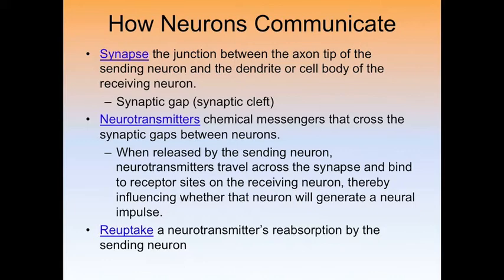And then you guys know how it takes the impulse down the dendrites into the cell body, and it decides whether it's going to make that individual neuron fire. Another term that goes into this is called reuptake, and this is a neurotransmitter's reabsorption by the sending neuron.